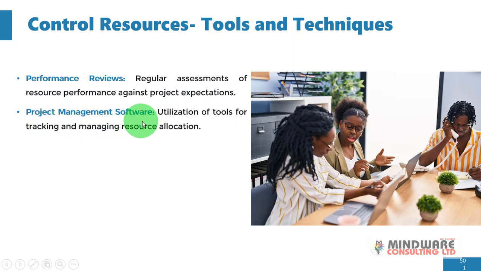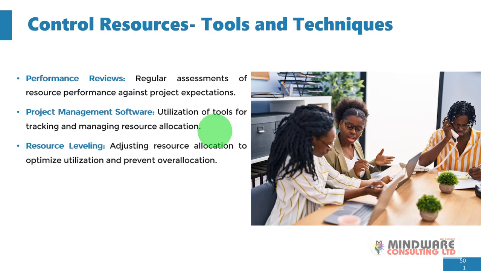Project management software, utilization of tools for tracking and managing resource allocation. So you're going to need those software for managing the project. We have quite a number of those software, so you just find the one that is most relevant to your project, and also simple enough for the project team members to be able to utilize.